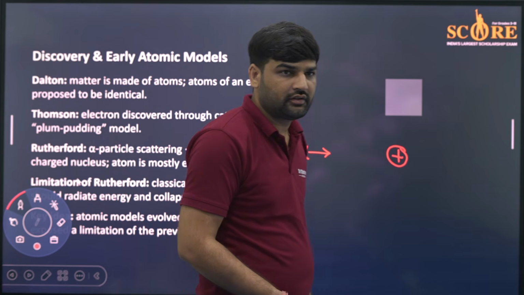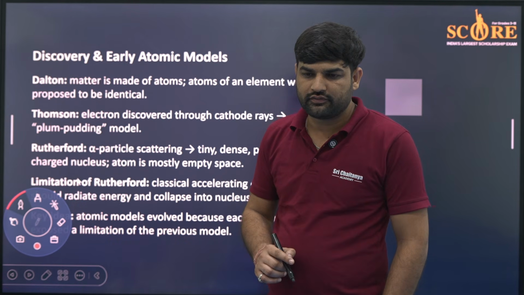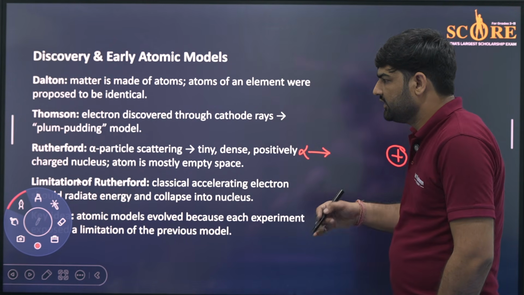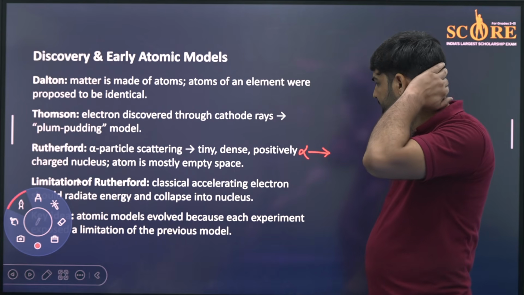Next model was Rutherford model, and he used alpha particle scattering experiment to explain his model.